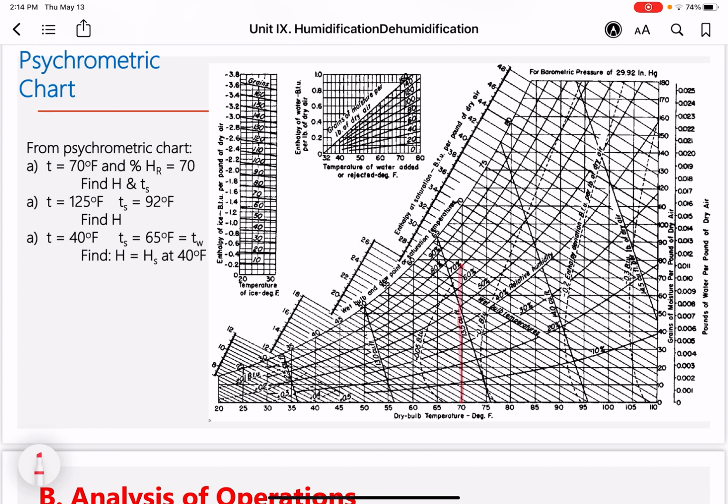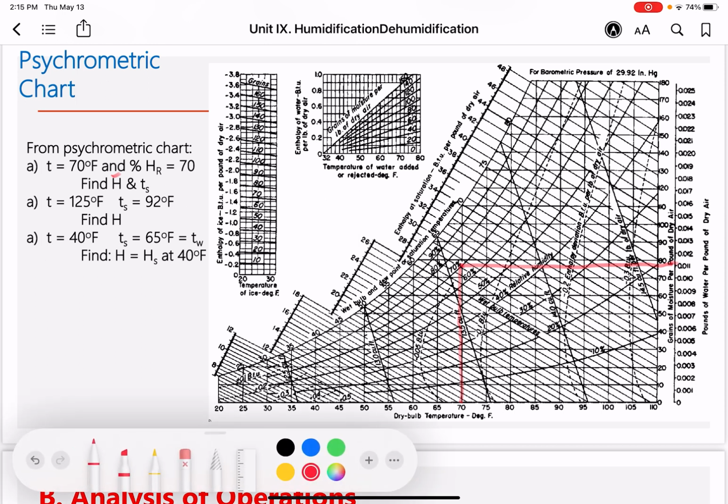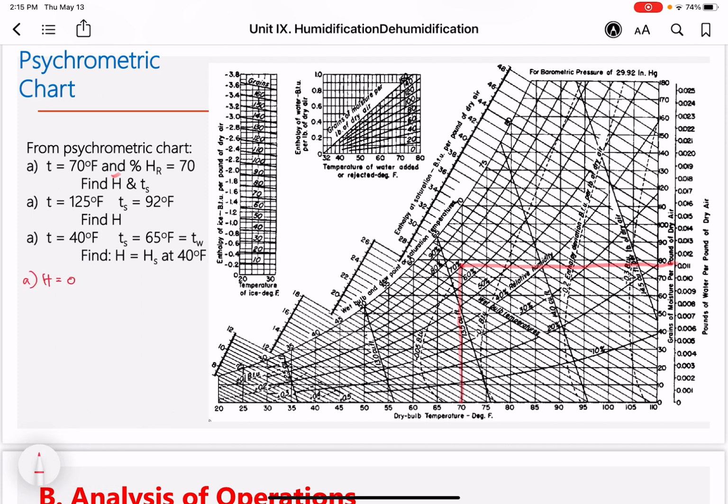So, ito yan. For me to get your H, ito lang siya. Okay? So, that's around 0.011. So, for letter A, this is your H. For letter A, H is at 0.011 pound of water per pound dry air.